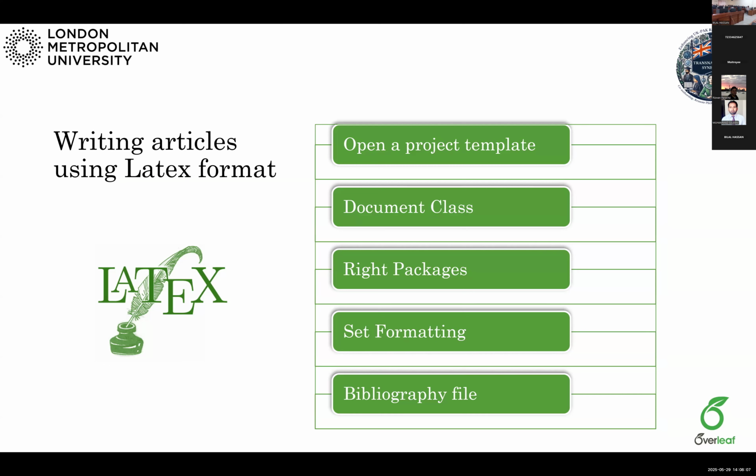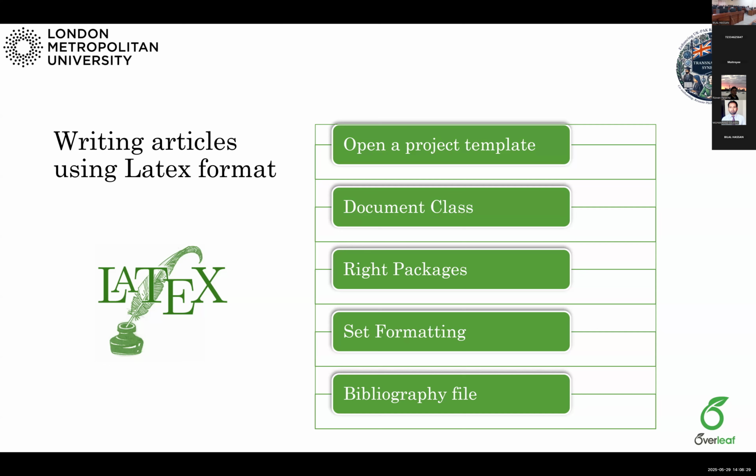And then definitely we need to first add the document class. Without a class file, we cannot run any LaTeX file. And once we have the document class, then we need to write packages. So for example, in order to include a figure, we need the graphics package. So these things we need to know.